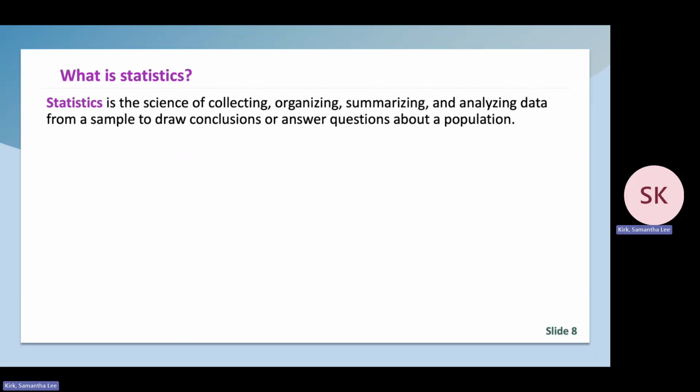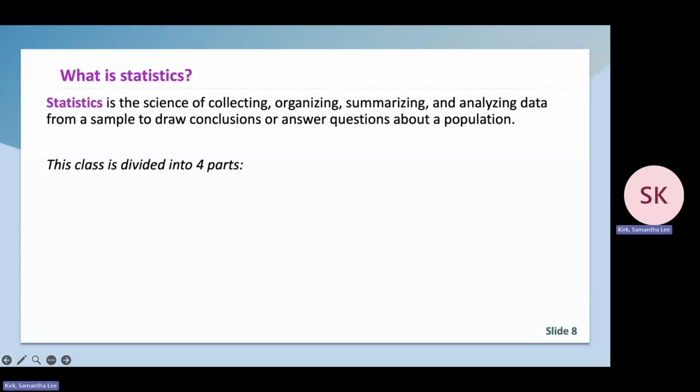And so what we do is we get a sample, and then we analyze that sample and try to use whatever we get from that sample, any statistics, to determine the true parameters or answer the questions we were interested in about the population. That is our goal in this class. So we're going to learn the foundations of all of this.